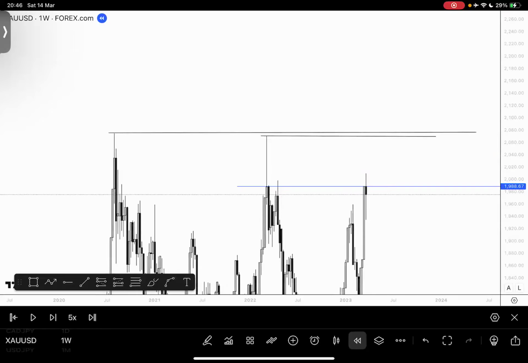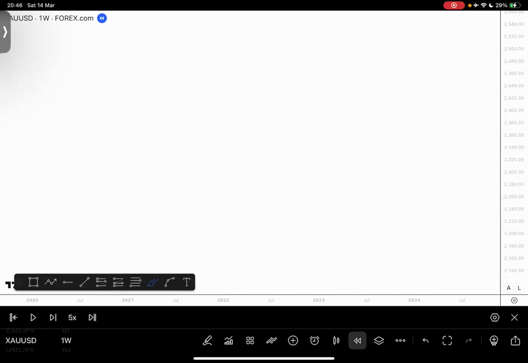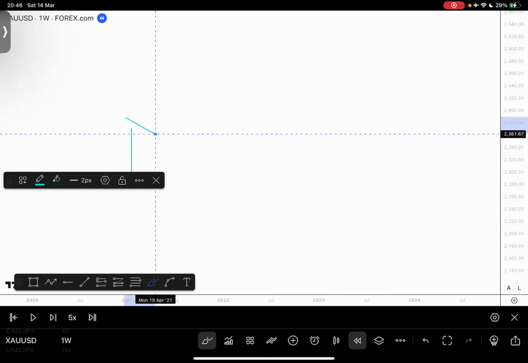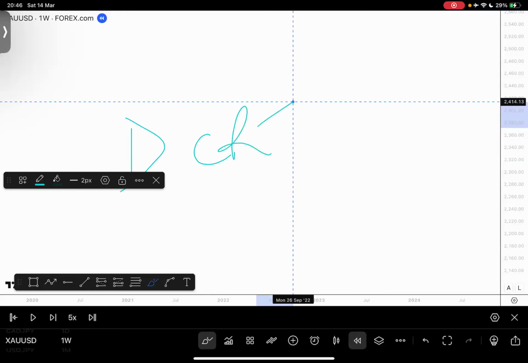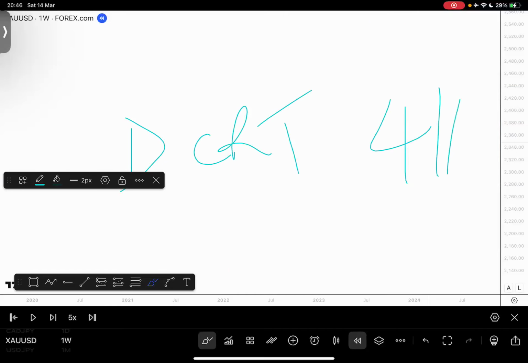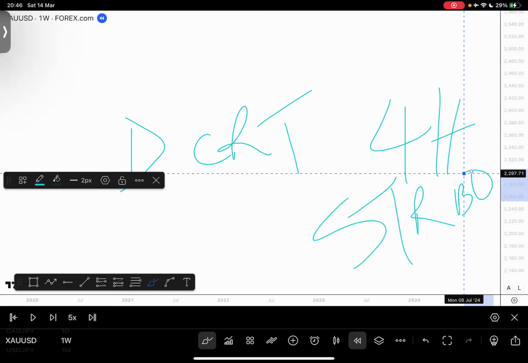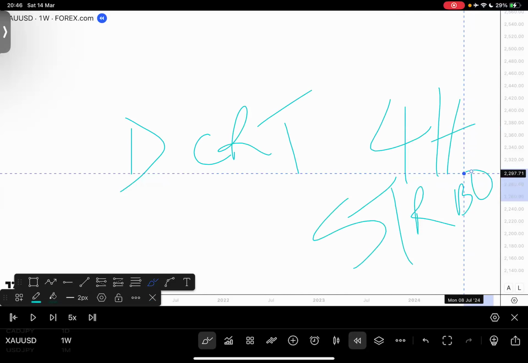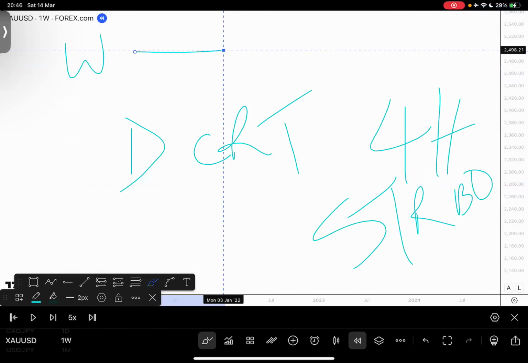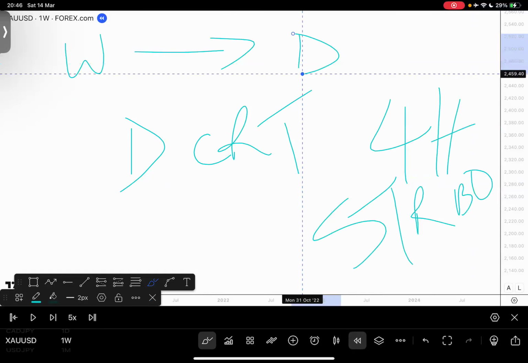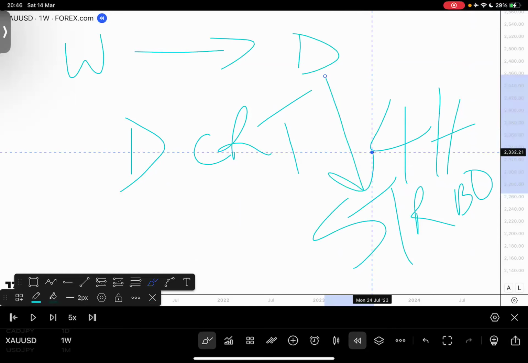If I see a daily CLT, I need 4-hour structural breakouts. If I see a weekly CLT, I look for daily structural breakouts. So that is basically the plan here. That's all I do.